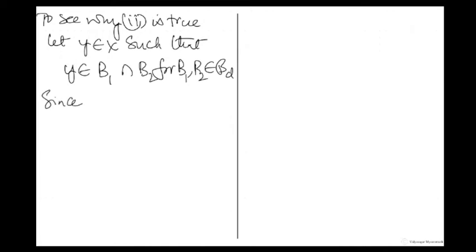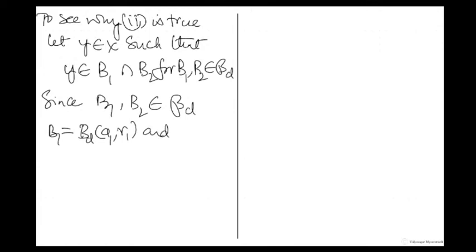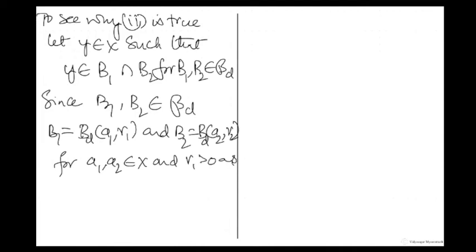Since B1 and B2 belong to B_d, and since B_d is the collection of all open balls, B1 happens to be the open ball of radius r1 centered at a1, and B2 happens to be the open ball of radius r2 centered at a2, for a1 and a2 in X, and r1 greater than 0 and r2 greater than 0.